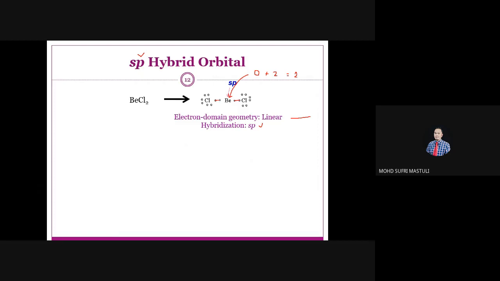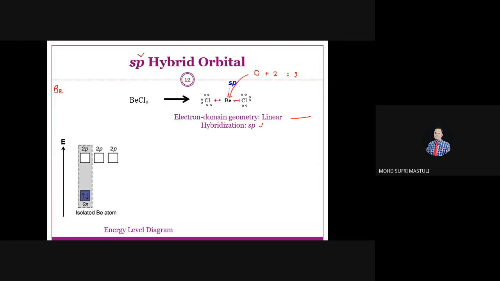So now we have to draw the electronic configuration and the energy orbital diagram for the valence electrons of the central atom. We check from the periodic table the total electrons of beryllium.